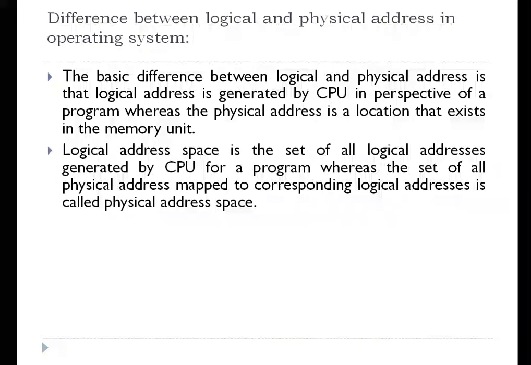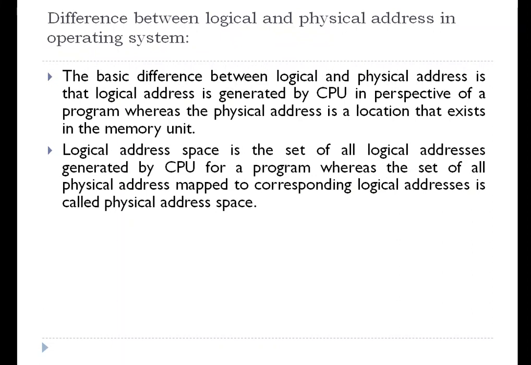The second point of difference is that the logical address space is the set of all logical addresses generated by the CPU for the program. Okay, so when a program is to be executed, when it goes into the RAM, the CPU will convert all the instructions into some logical address space, whereas the set of all physical addresses mapped to the corresponding logical addresses is called the physical address space.